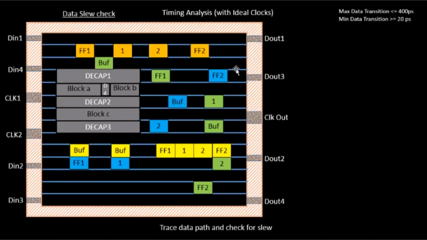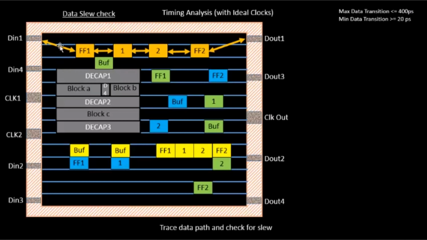So for example, let's trace this first data path. We have flip-flop 1 to flip-flop 2, and it goes from D in 1 to D out 2. We calculate the data slew at this point. A signal which is sent from D in 1 reaches flip-flop 1. In that process, it has to charge all the capacitances in the path, at least the estimated wire capacitances, and also the input capacitance of flip-flop 1.